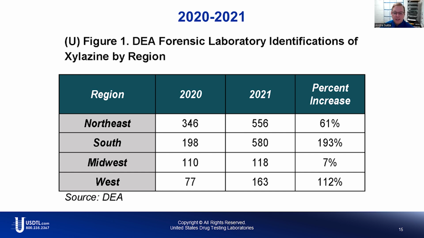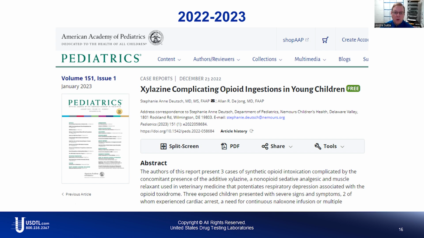Now here at USDTL, we do a variety of analytical testing. One of that is in our umbilical cord. So this is more for our newborn side of the house. With hospitals and things, we're looking at what xylazine ingestion would look like in young children. This came out in the Journal of Pediatrics.